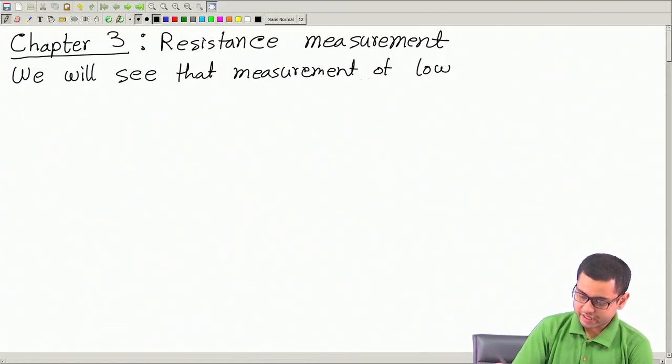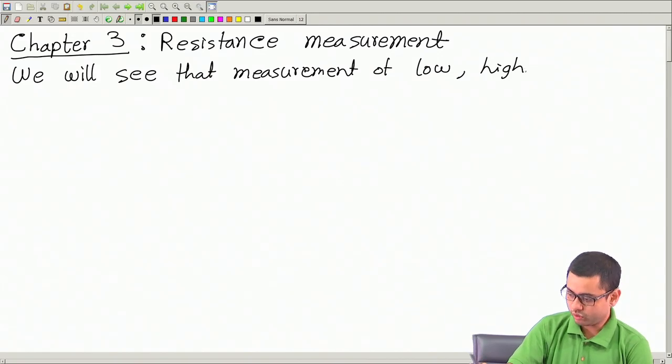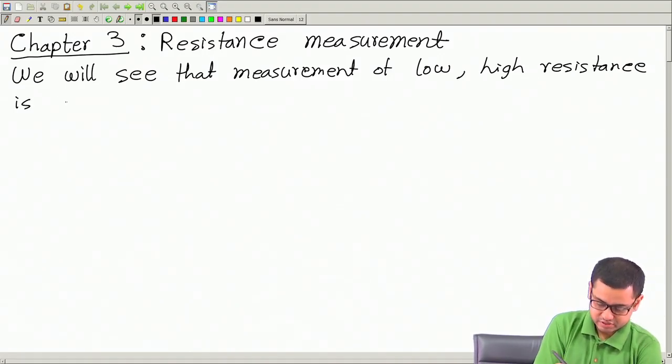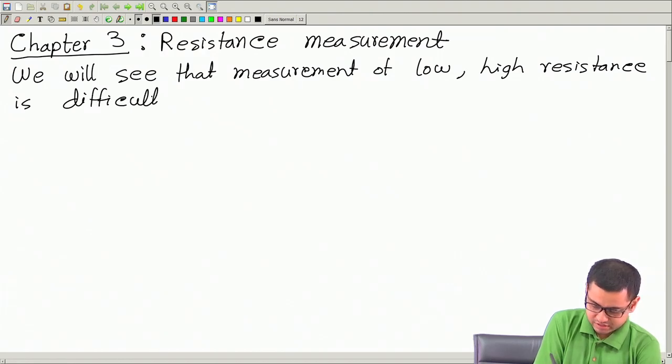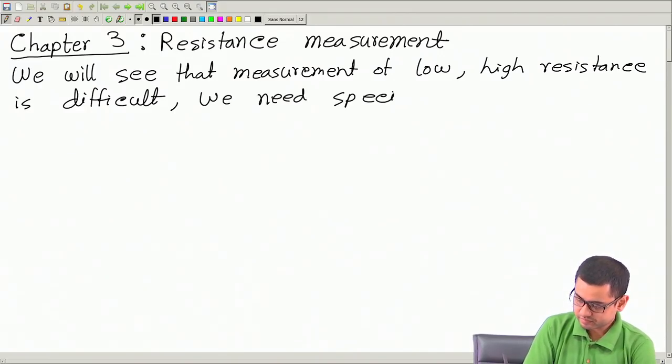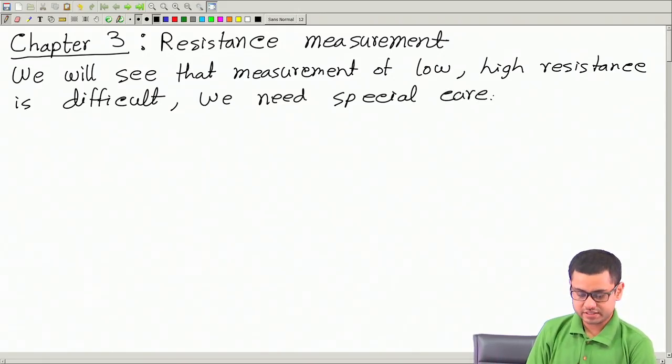Similarly, high may be several mega ohms. High resistance measurement is a bit difficult. There are some issues and we need special care about that. So this is what we will learn in this chapter.